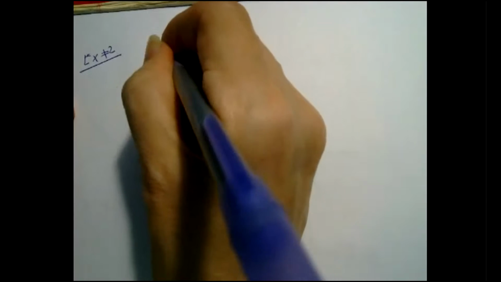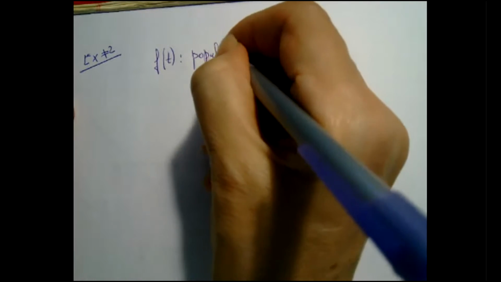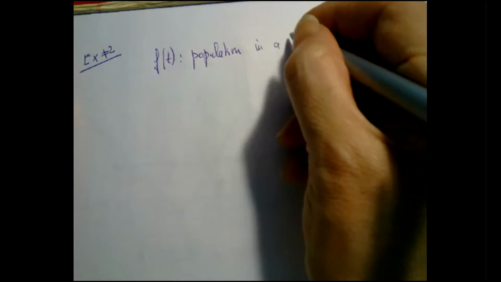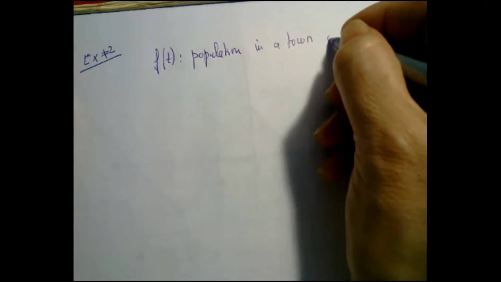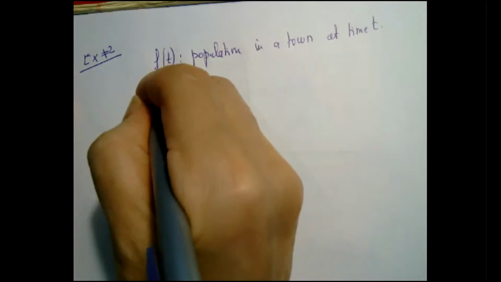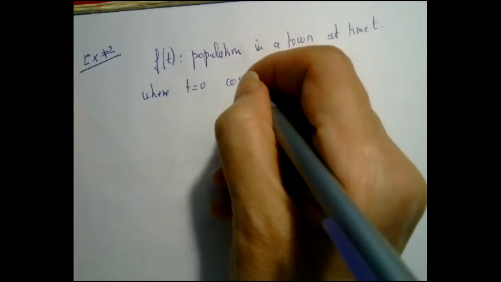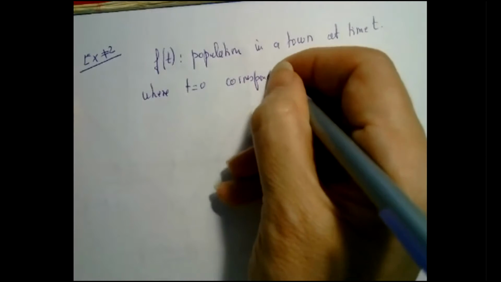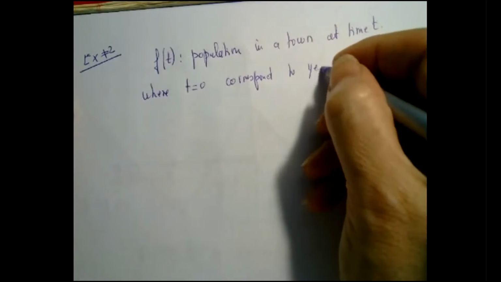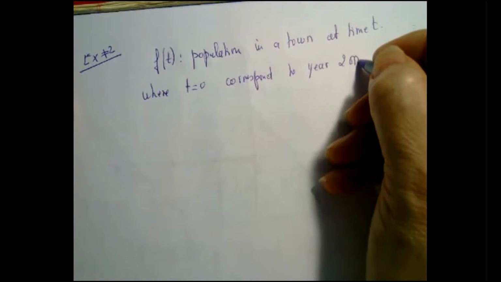Suppose I have a function f of t, and this function tells me the population in a certain town. Make up the name of the town, I don't really care. At time t, where t equal to 0 corresponds to the year 2000.